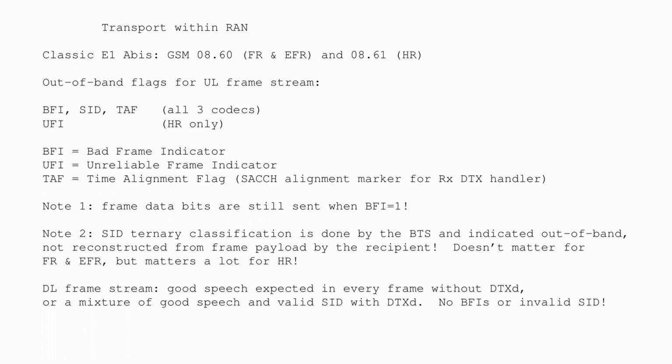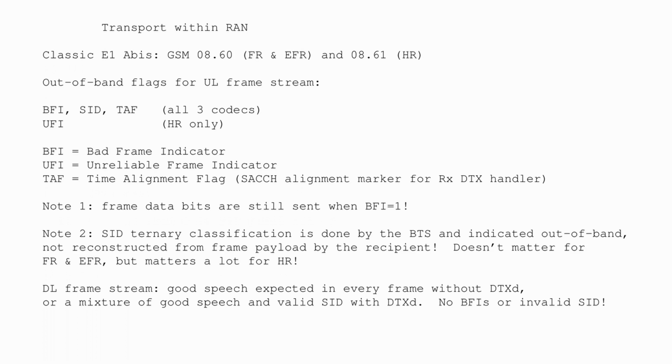And what the standard decoder does, and that part is in the specs, in the 06.06 source code for the half-rate decoder, is that the RxDTX handler will look at the UFI flag. If you have a BFI flag set, if it's a bad frame, then it just invokes the ECU function, which does error concealment.